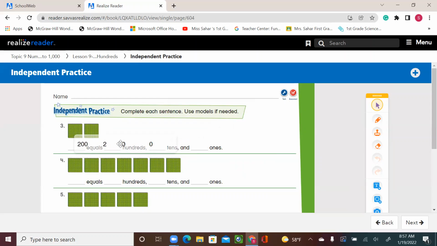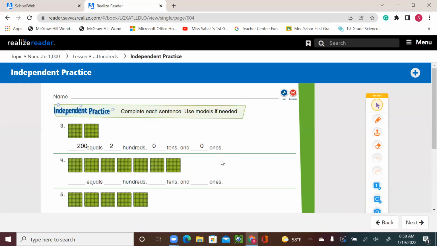Let's put this down. So 200, I have 2 sheets of 100s, 10 tens in each. So 100, 200 equals 2 hundreds, 0 tens and 0 ones.